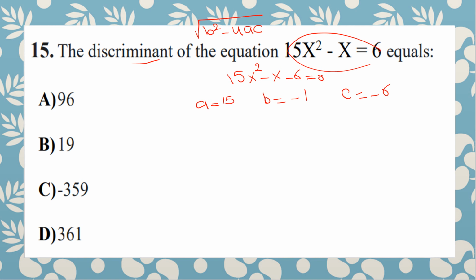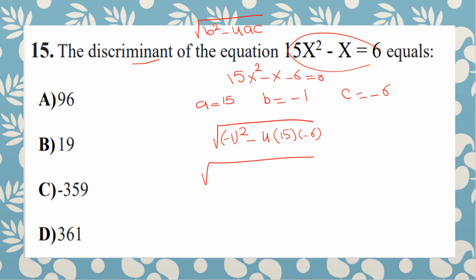By substituting these values in the radical, b squared is -1 squared, minus 4 times a equals 15 times c equals -6.